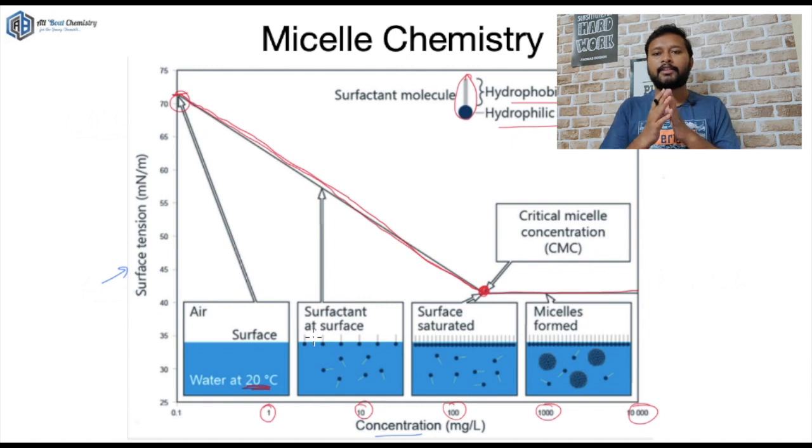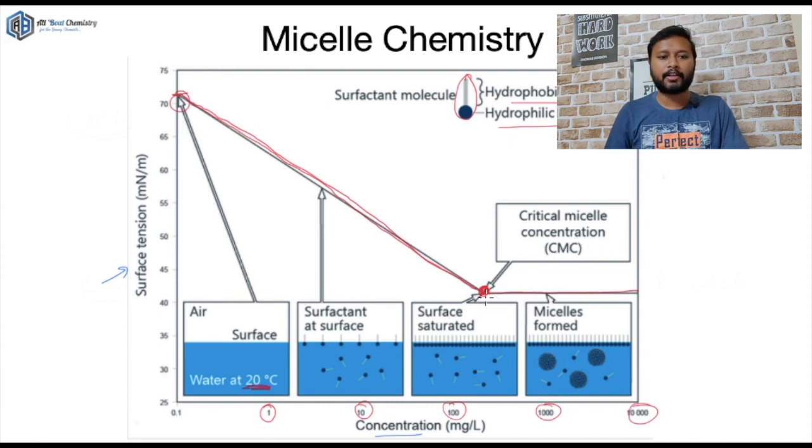If you increase the concentration now, nothing happens on the surface, so the surface tension remains constant, and that's why this graph bent here and got flat. This has been drawn to show you a sharp peak, but in actual you will get a little curve there.